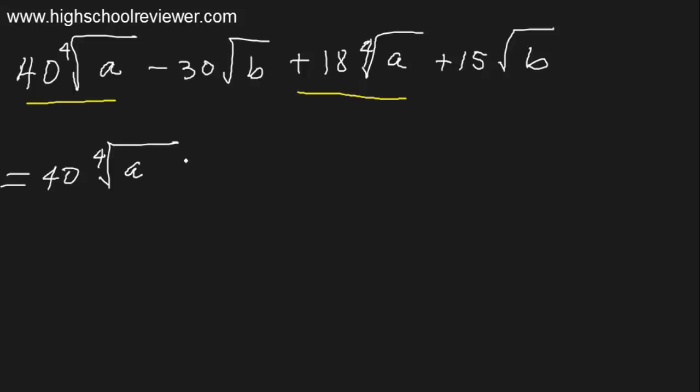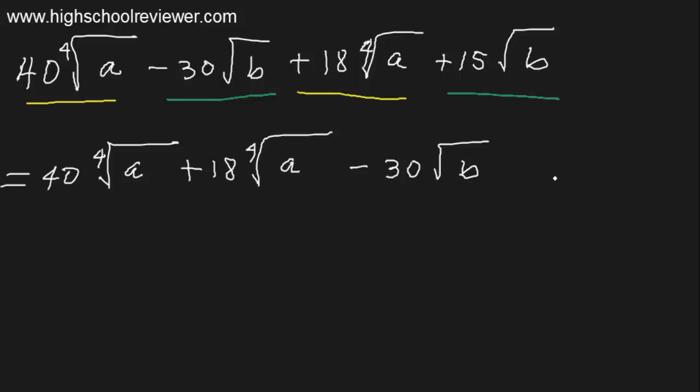So we can add this 40 fourth root of a plus 18 fourth root of a. And we can also add separately negative 30 square root of b and positive 15 square root of b.